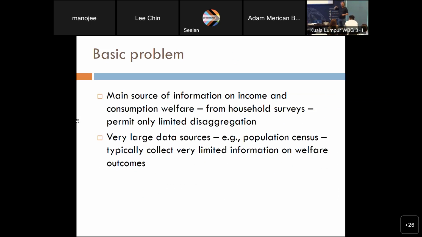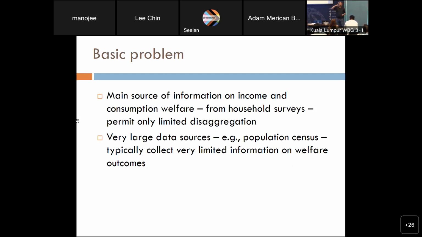The challenge is that the official estimates of poverty in any one given country, I'm guessing Malaysia is no different, there is typically going to be some official household survey that collects household income or household consumption data. That is used to produce or monitor the percentage of poor at the national level, maybe broken down by urban, rural, and maybe admin one level.